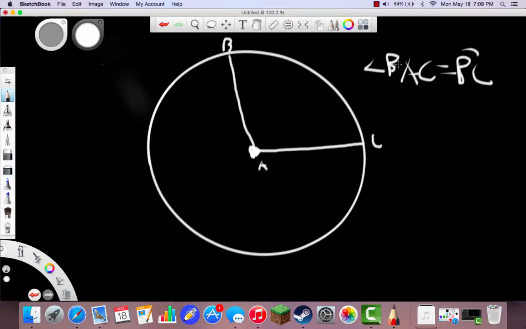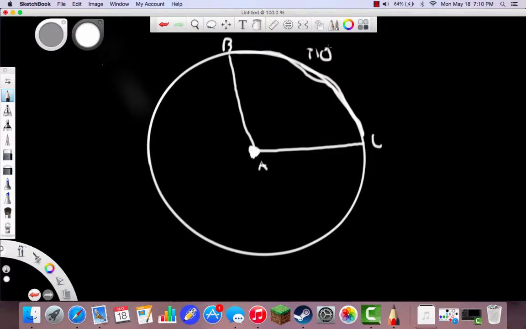So let's give this a measure. Let's say it's 110 degrees. So if this was 110 degrees, what would this angle be? Well, we already know it'd be 110 because of the theorem. A central angle that intercepts an arc will be the exact same measure.